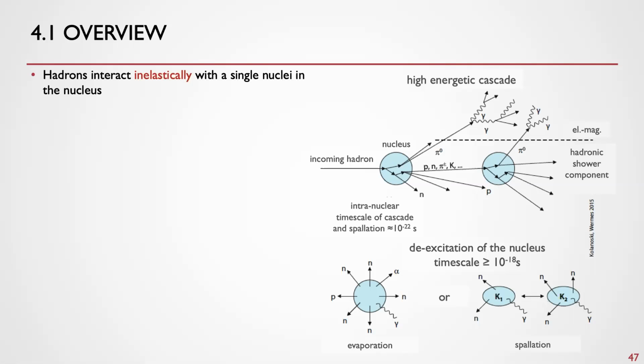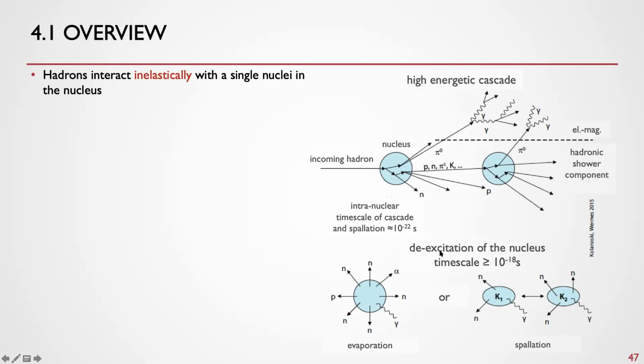Eventually, a shower develops, a shower of interactions with different time scales. So the incoming hadron comes with the speed of light and produces a bunch of particles with a fraction of the incident energy. They produce secondary and tertiary and whatnot interactions. There can be 10 or so stages.